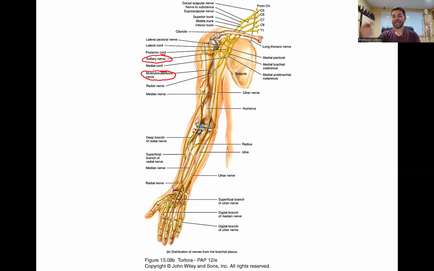The musculocutaneous is going to innervate the bicep. The radial innervates more posterior regions. The median is in the middle, and the ulnar is towards the medial side, right? These are the nerves I want you to focus on.